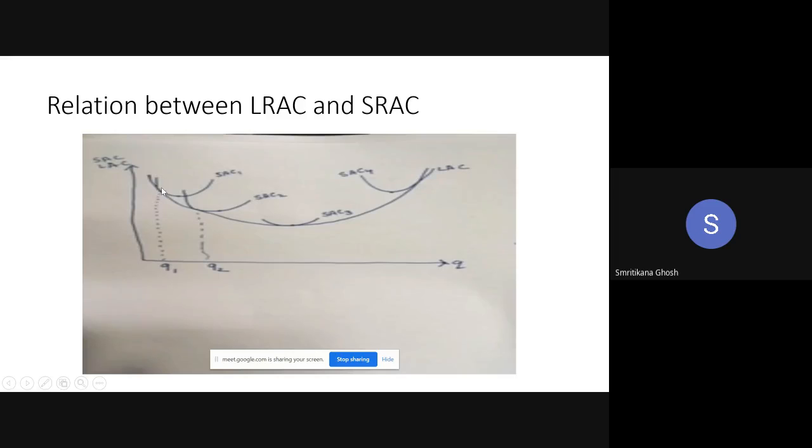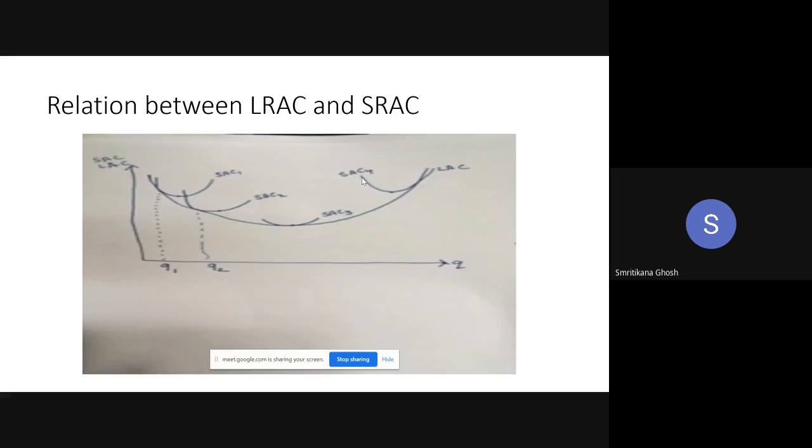And inside this line, you have 1, 2, 3, 4 short run average cost curves which are tangent to LAC. First of all, they must be tangent to LAC. The second point is, when you draw this diagram in your copy, you must remember that except SAC3, that is at the minimum of your LAC, all other SACs are tangent to LAC, but not at the minimum of SAC.